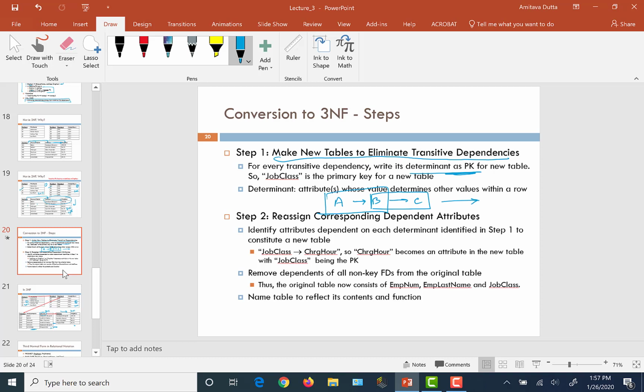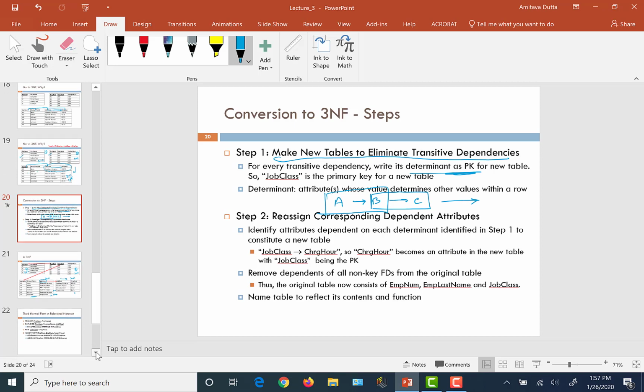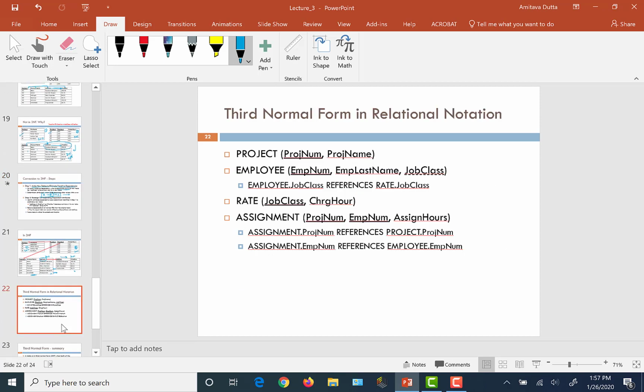All right, so that's sort of the informal description of how we break up a table that's in second normal form into third normal form to remove transitive dependencies. So the end result of all of this, remember, we had one big table called project, and we had all the attributes, and this was in first normal form.